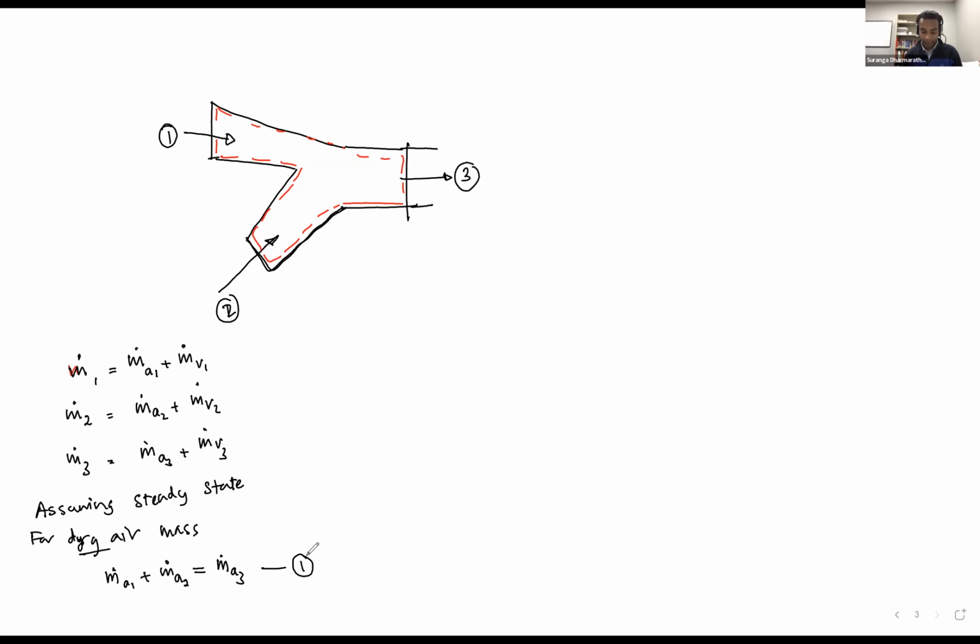And then I can also write for the water vapor, m dot v1 plus m dot v2.